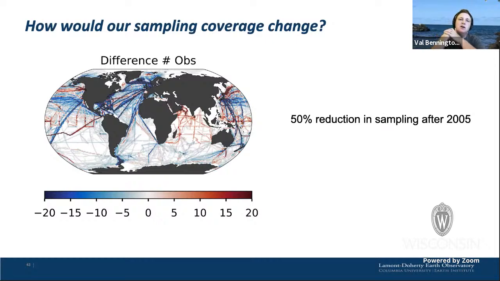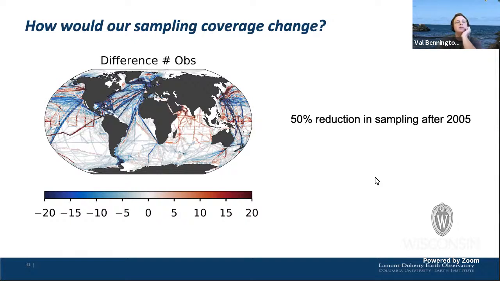So there are places where, like the Indian Ocean, where we have some red, where we have more samples. But the biggest takeaway is that the Southern Hemisphere, these are lightly colored, hard to tell, but these are all fewer samples. And that the subtropical regions are much less sampled after the 1990s in this technique.